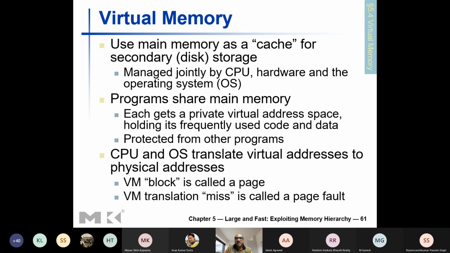And suppose the page size equals 4 kilobytes, which is nothing but 2 power 12 bytes. Whereas a memory size of 1 gigabyte in terms of power of 2 is 2 power 30, because 2 power 10 is equivalent to about 1000. So 1 gigabyte, about 10 power 9, is 2 power 30 bytes that can be addressed in the main memory.